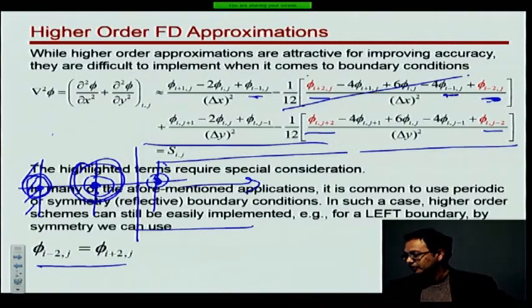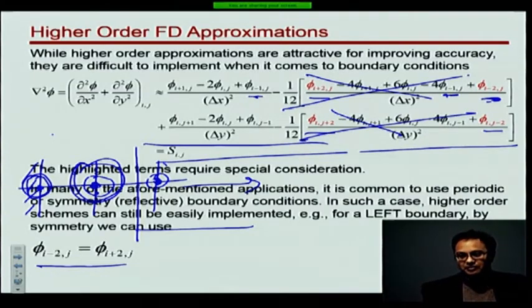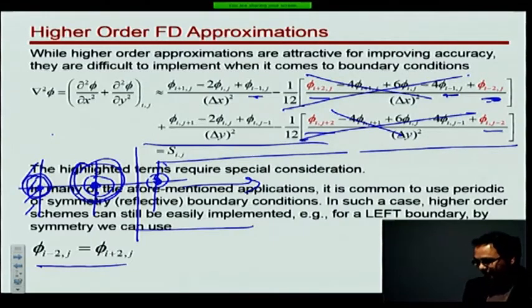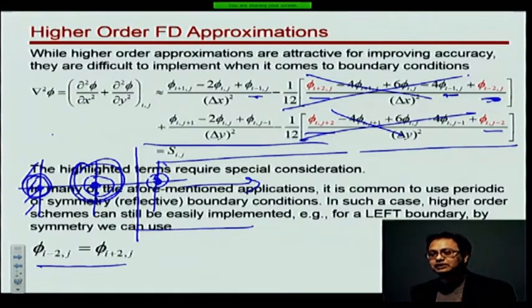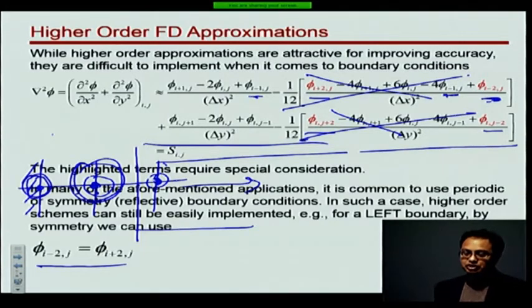You revert back to second order accuracy. Now one might say, well, is that good? Is that bad? Obviously, it's not as good as we might desire, but that's a big plus in terms of implementation, and that's what people go with, with the assumption that at least we are getting better accuracy in the interior nodes. And I'll show you an example of what happens when you do that.